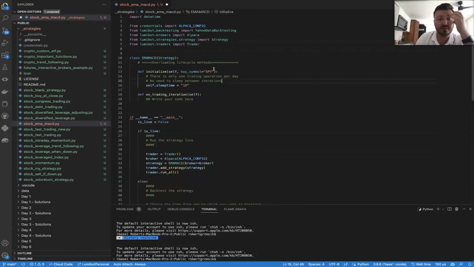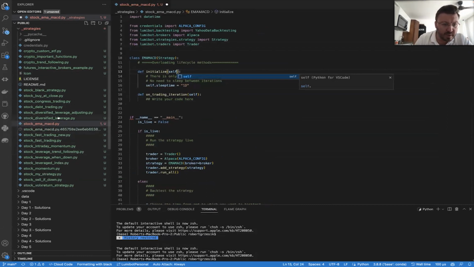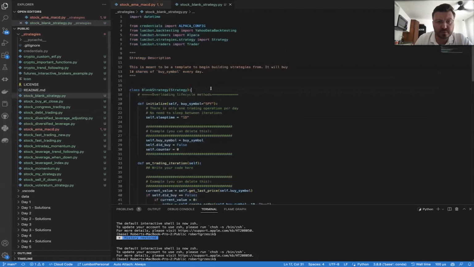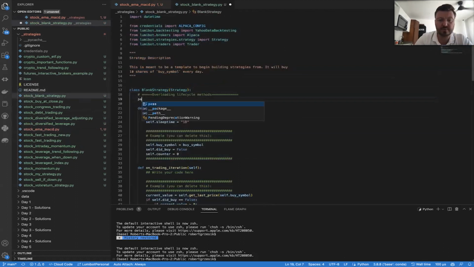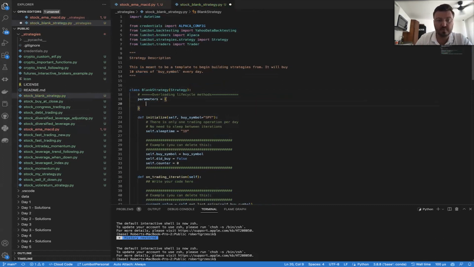Okay. And actually, one more thing I'm going to change here. I'm going to put in blank strategy. We'll put in parameters. Symbol equals SPY.